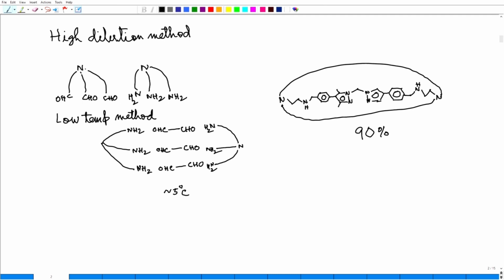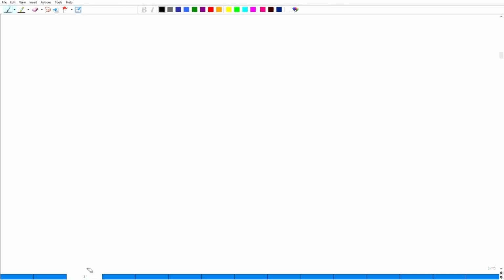So, therefore, I told you the synthesis of this compound and what some of these structures are. Now, I will tell you their complexing abilities. So, there can be monomeric ones. Okay.